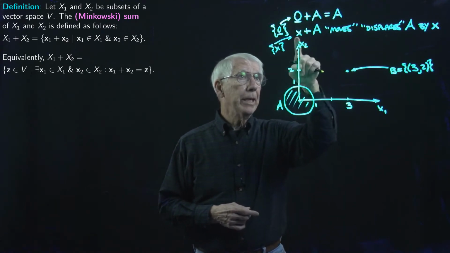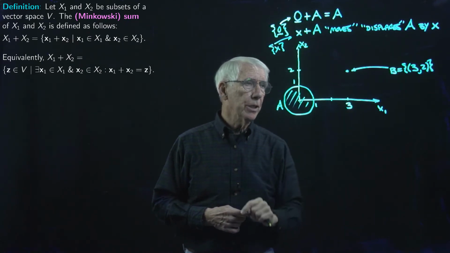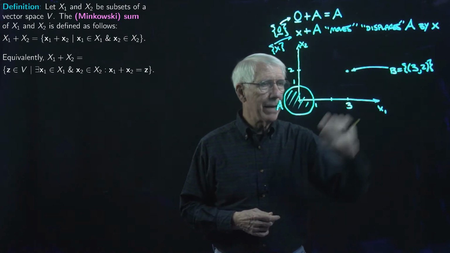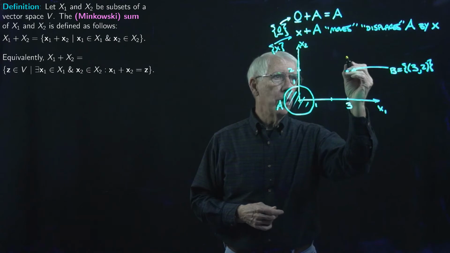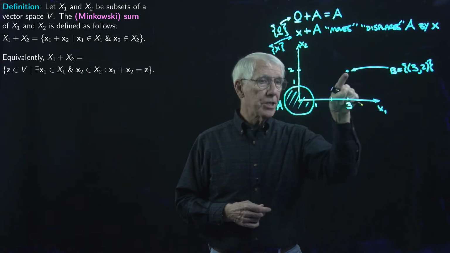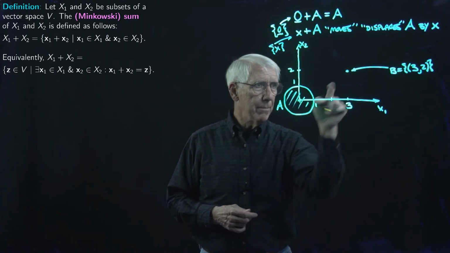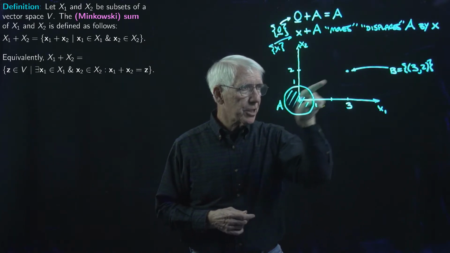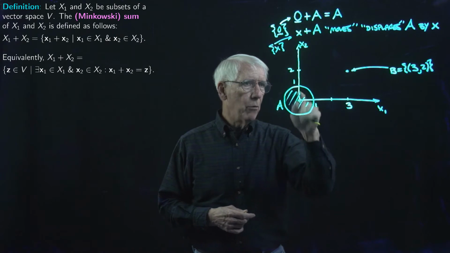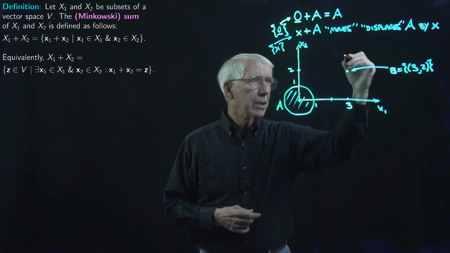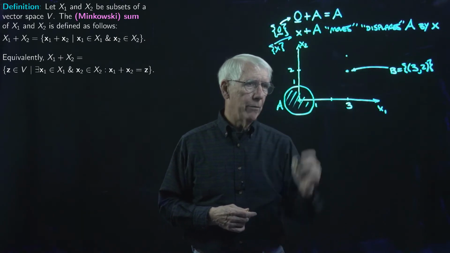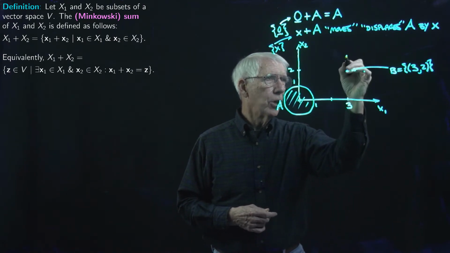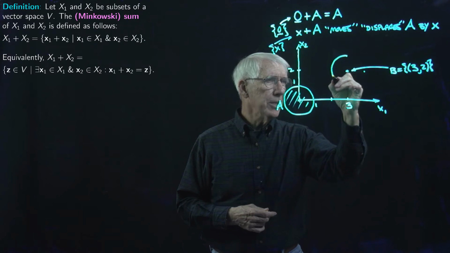Well, as we said here, B is just a singleton, so it's going to move the set A by the amount of that vector. So we're going to end up with a disk, but the center of the disk will be moved to this point here. So we're displacing the center of the disk to (3, 2), and we'll displace this point to a point about there, and we'll displace this point to a point about here, and so we will have a disk.